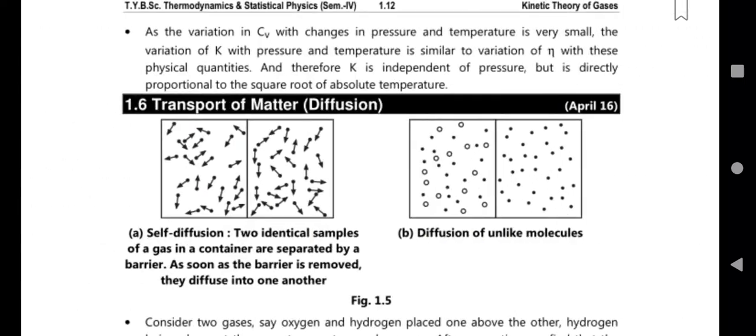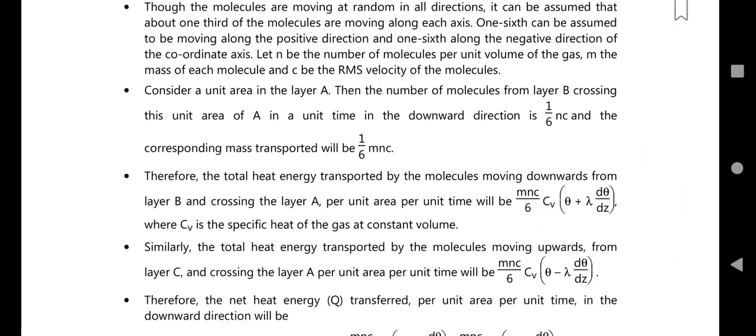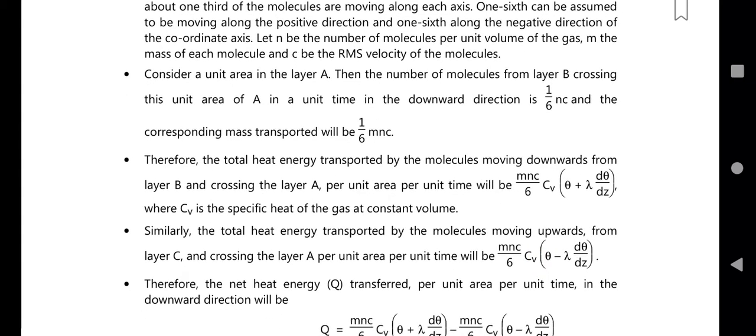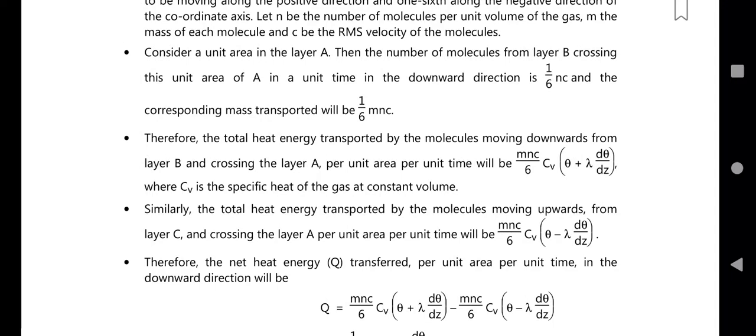Then, considering unit area in layer A, the number of molecules from layer B crossing this unit area in unit time in the downward direction is 1/6 nc, and the corresponding mass transported will be 1/6 mnc.